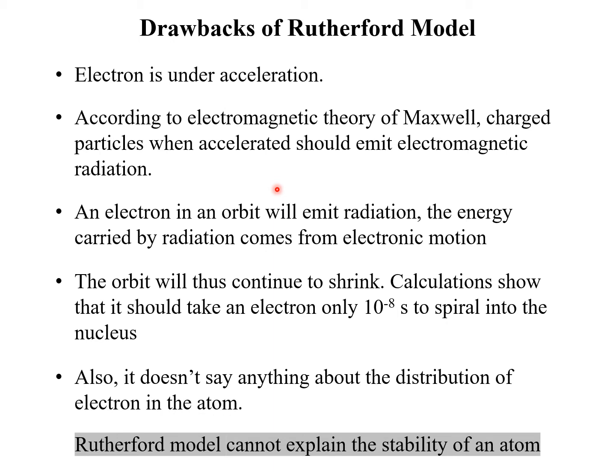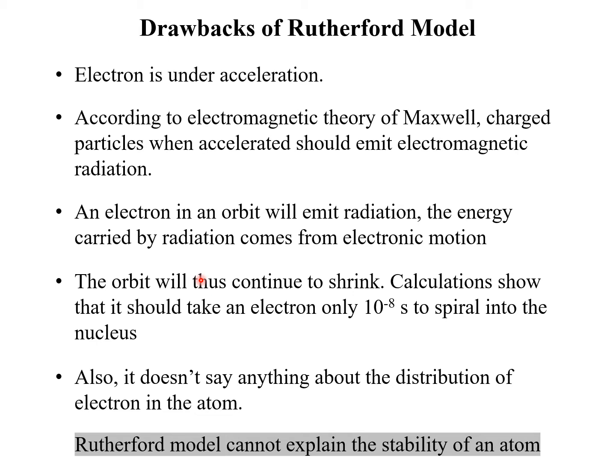So this means that it is emitting some electromagnetic radiation. So an electron in an orbit will emit radiation. The energy carried by radiation comes from the electronic motion. So this means that the speed of the electron is decreasing.